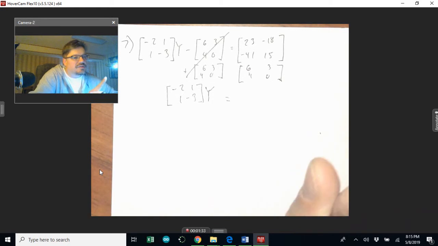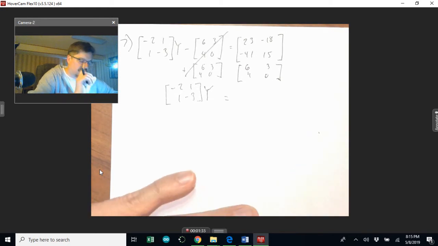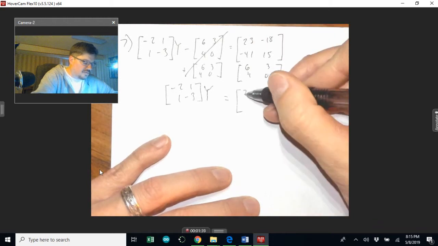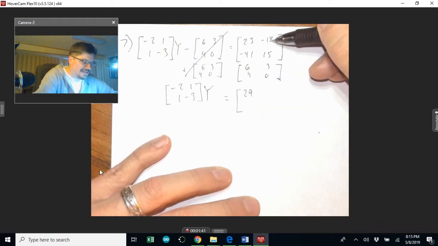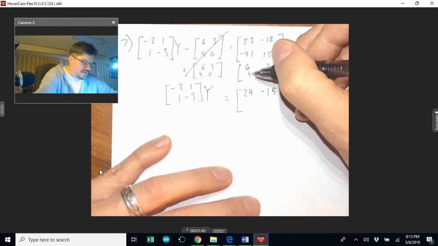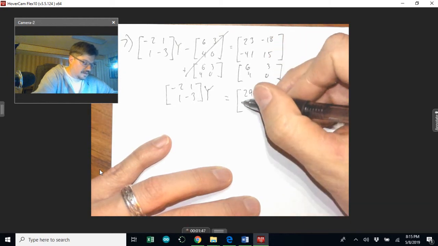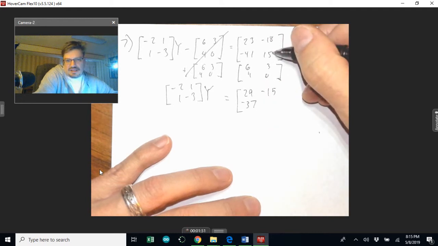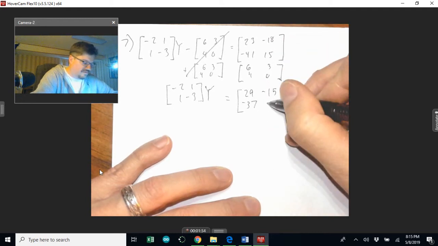I probably should have started with something first, but I'll get to that in a second. Now I have 23 plus 6 is 29. Negative 18 plus 3 is negative 15. Negative 41 plus a positive 4 is negative 37. And then 15 plus 0 is 15.